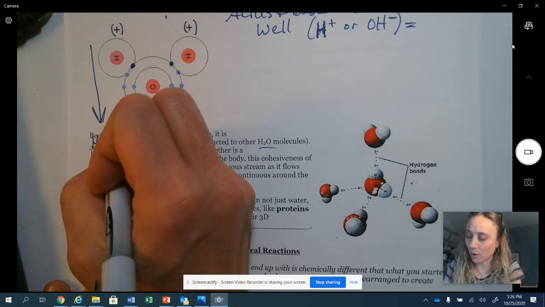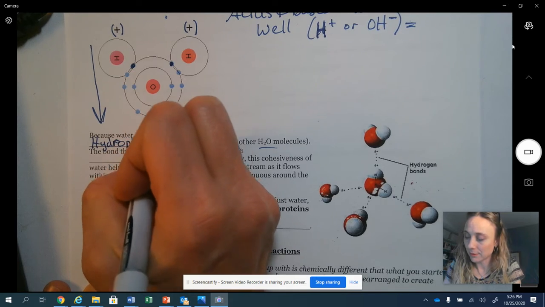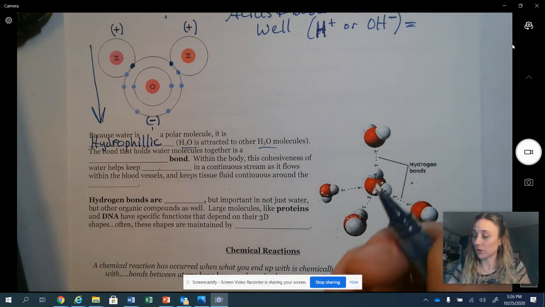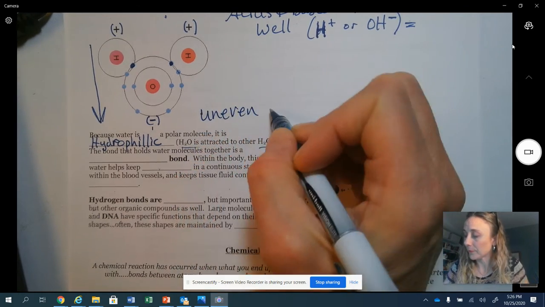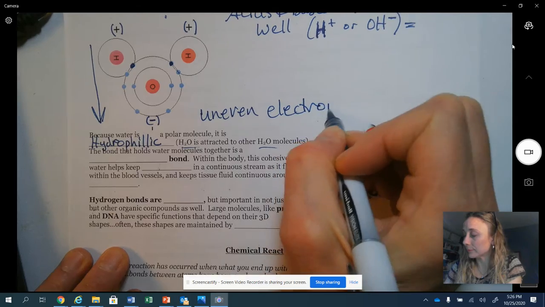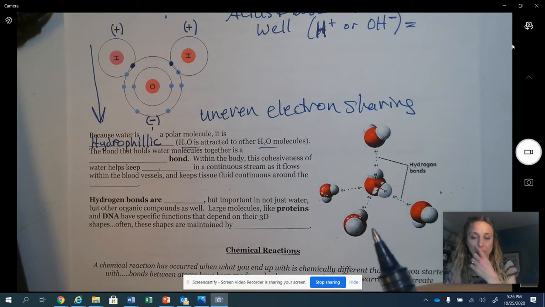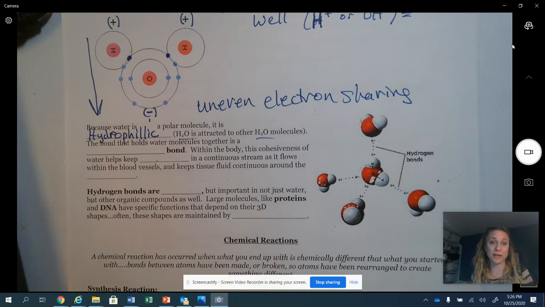Anything that's attracted to water, by the way, is called hydrophilic, and it has an uneven sharing of electrons. Okay, so uneven, remember, electron sharing. And it's attracted. Yeah, that's philic, means you have an affiliation to, yeah, water.